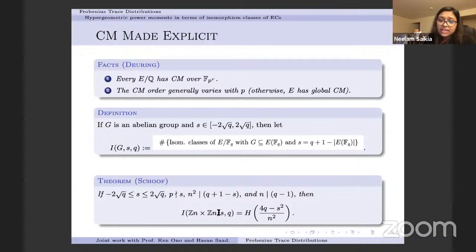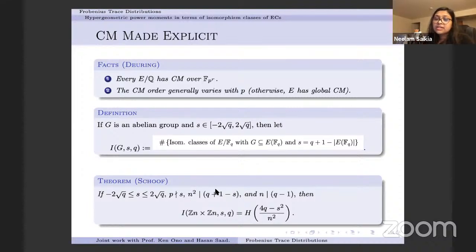So we can see from here, if we put n equal to 2, then we obtain 4 divides q plus 1 minus s, and this is the condition that we were talking about in our moments, where we have such a condition on s such that s is congruent to q plus 1 mod 4.